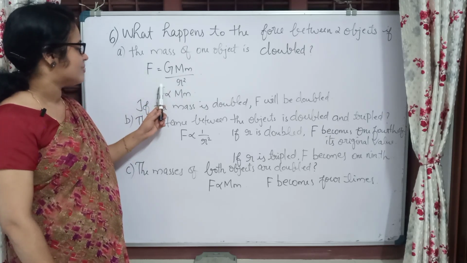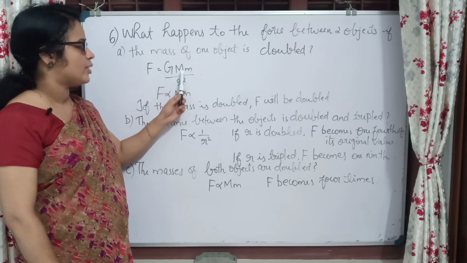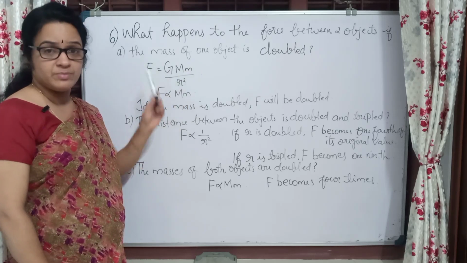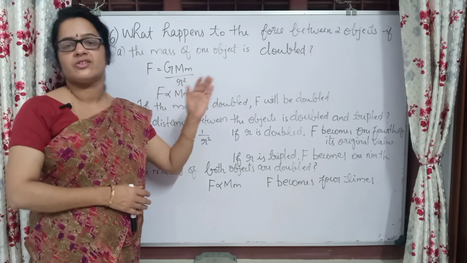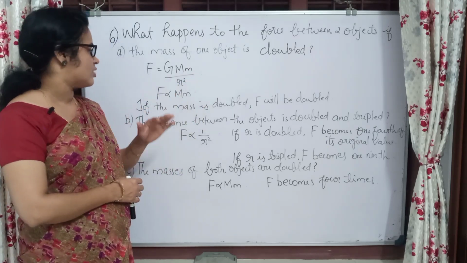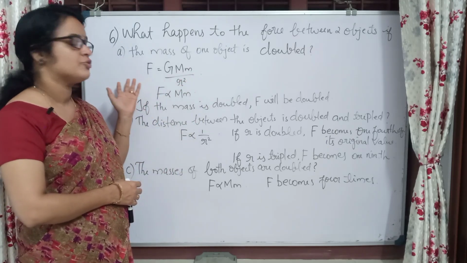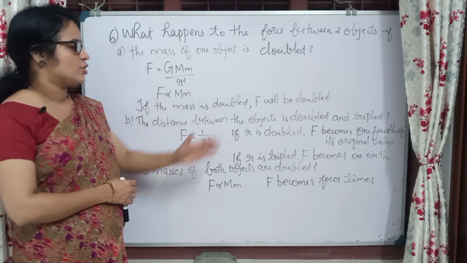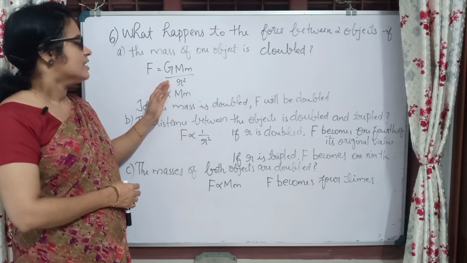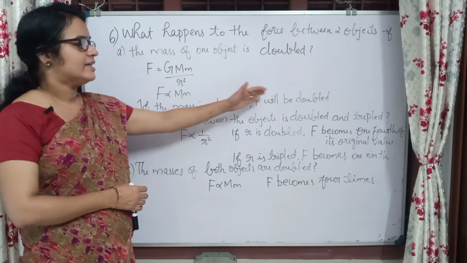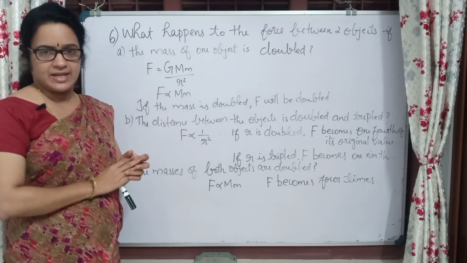We know that F is proportional to G M m by r square. That means the force is directly proportional to the product of their masses. So in this case, if the mass is doubled, the force will be doubled. If only one mass is doubled, the force will be doubled. So that is the first case.